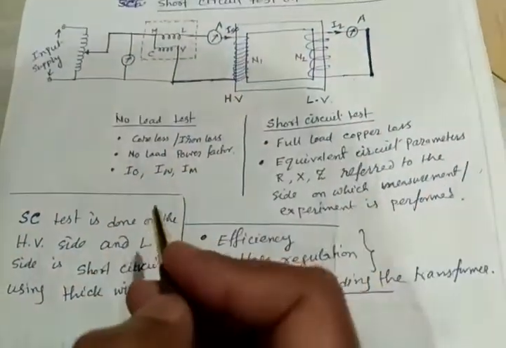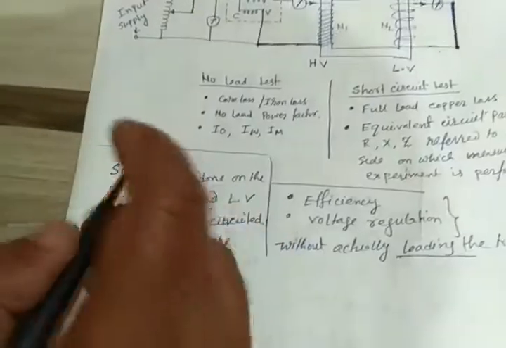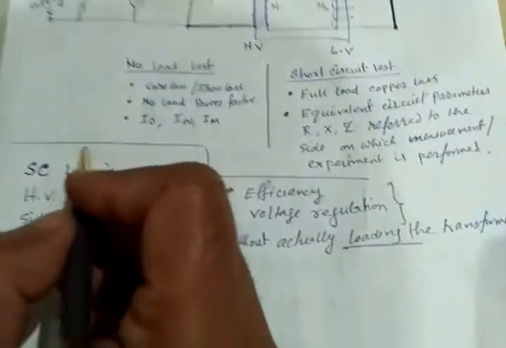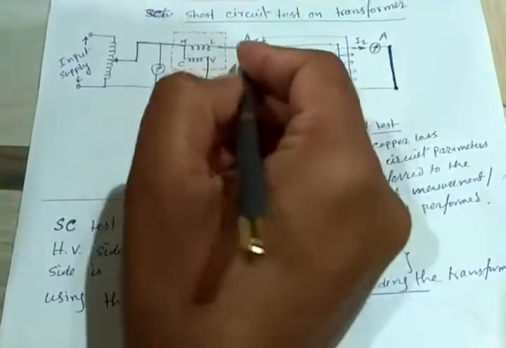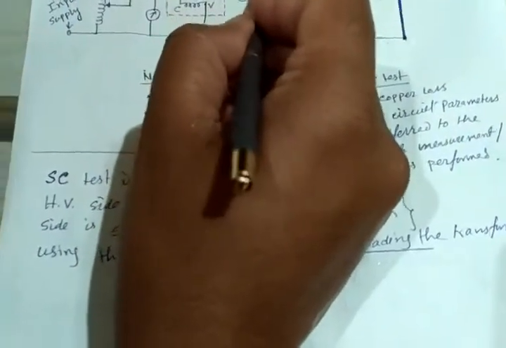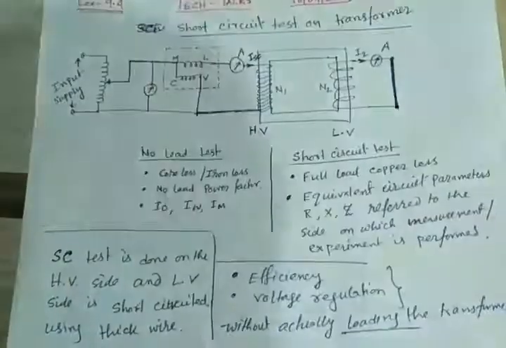Fine. And on the high voltage side we will be performing the test. For the high voltage side we need to measure the current, that is I1, the primary rated current. Here we will call it ISC.